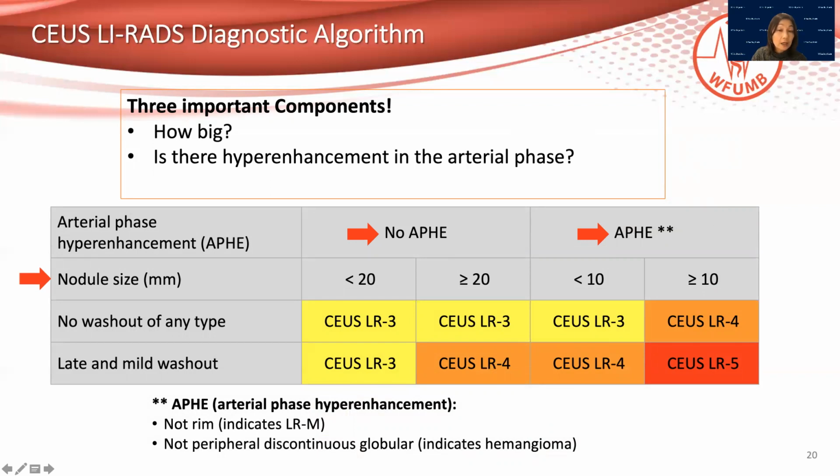So these are other AFIs, which I will show you in a few minutes. And then you need to look at the washout: no washout or late and mild washout. Remember, early washout or marked washout is already excluded. Those are LIRADS M, right? So at this point, we have either no washout or late and mild washout.